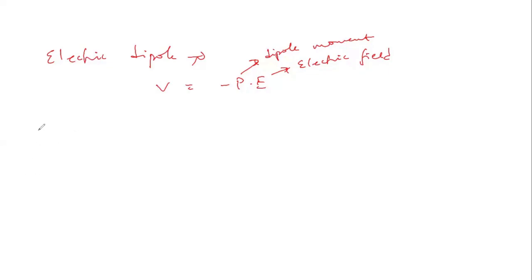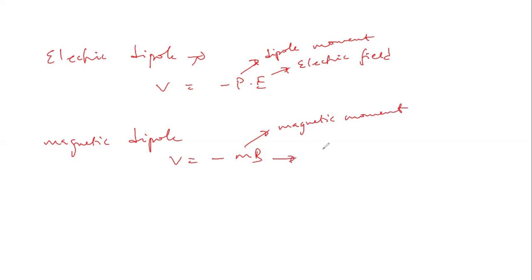And if we consider the magnetic dipole, for instance, the potential energy here will be given as V being the same as negative m dot B, where m in this case is the magnetic moment and B is the applied magnetic field.